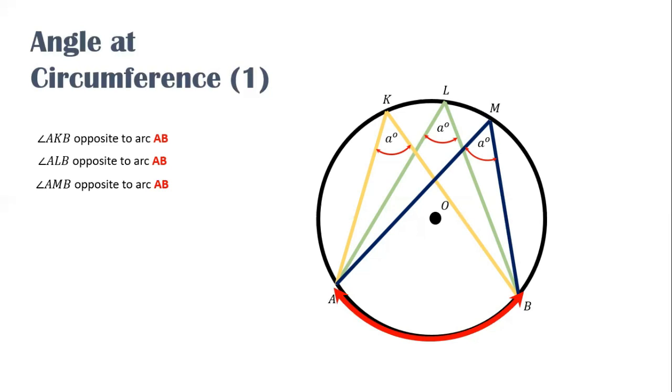So we can take the conclusion that angle AKB, angle ALB, and angle AMB are angles at circumference. So angle AKB equals angle ALB equals angle AMB equals A degrees.